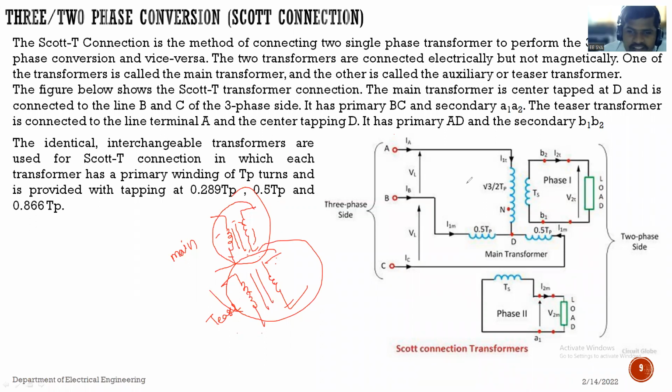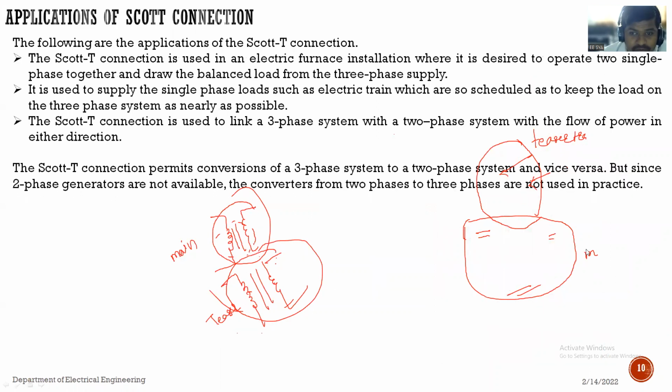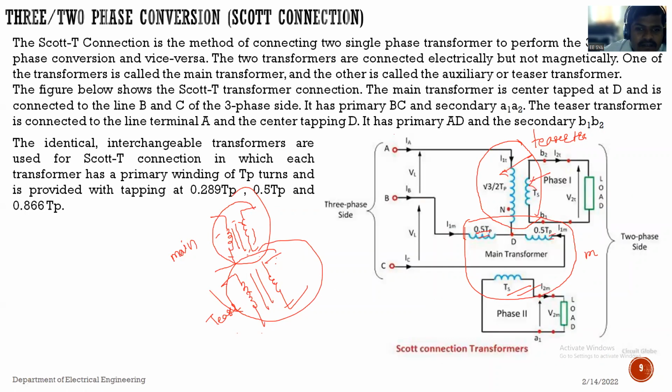See, this transformer, above side, these two windings, this transformer is the teaser transformer: the primary winding of the teaser transformer and the secondary winding of the teaser transformer. And this transformer, these two windings, 0.5 TP, 0.5 TP and TS, these are the main transformer.